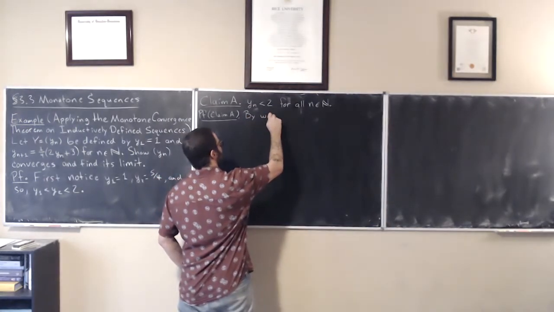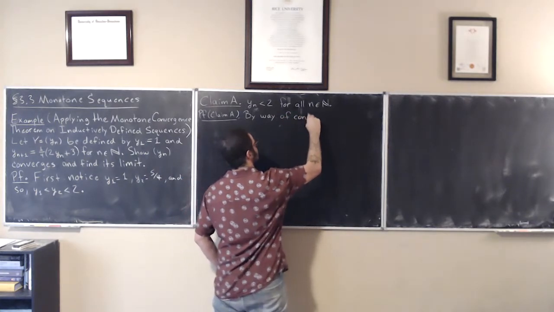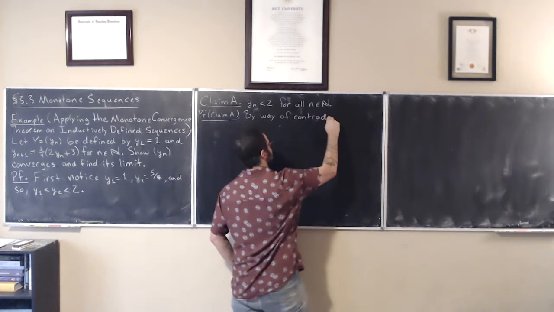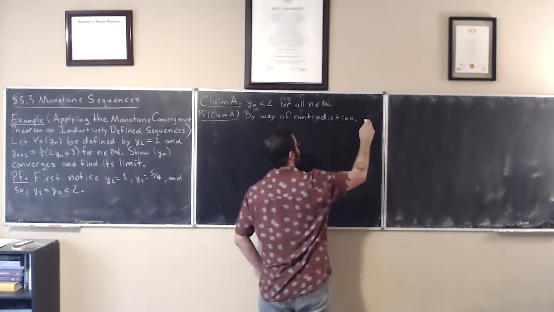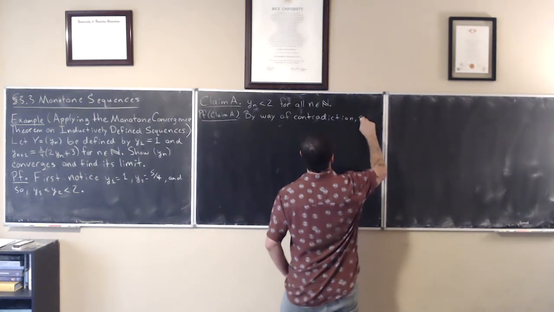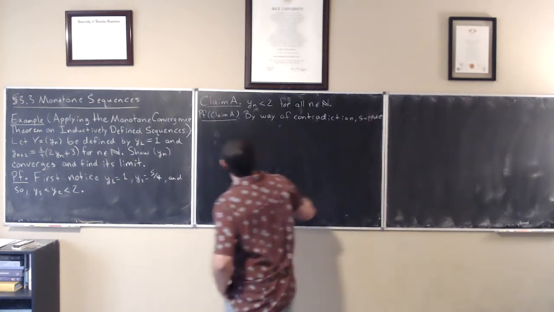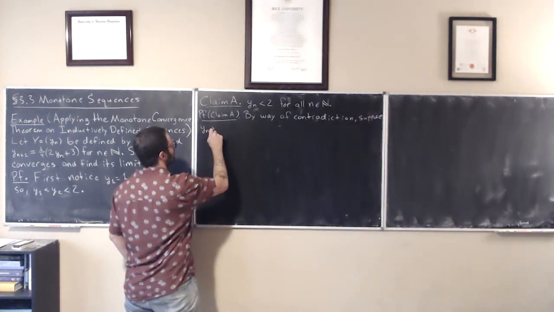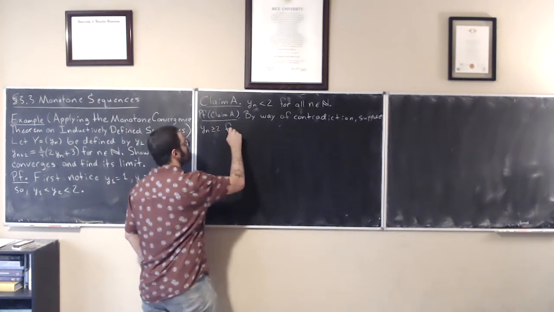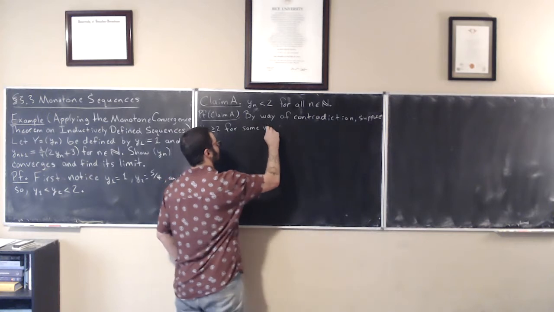So I'm just going to go ahead and state that. By way of contradiction, suppose yn is greater than or equal to 2 for some values of n.